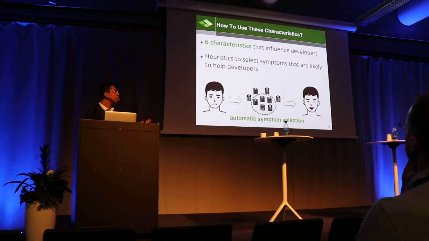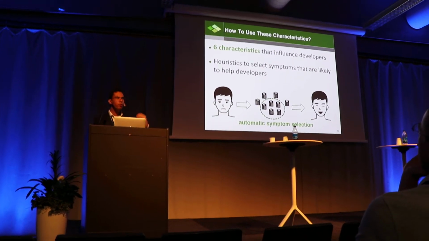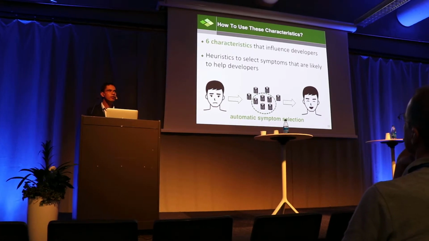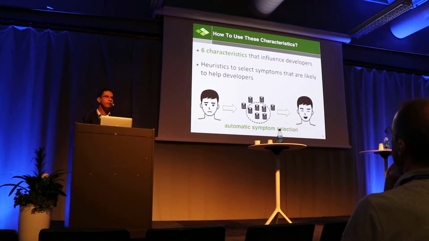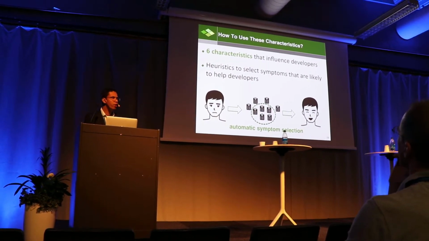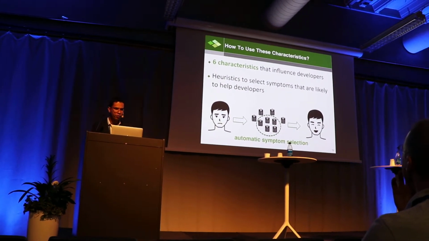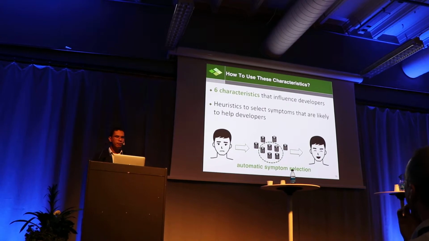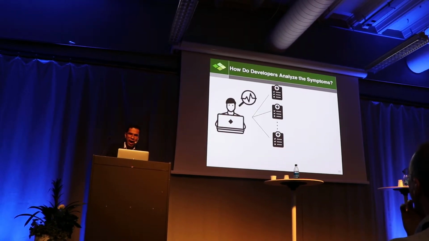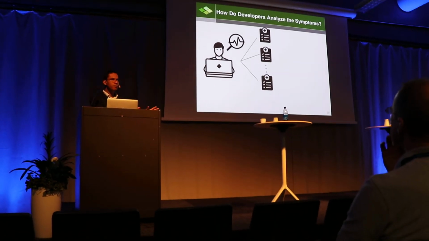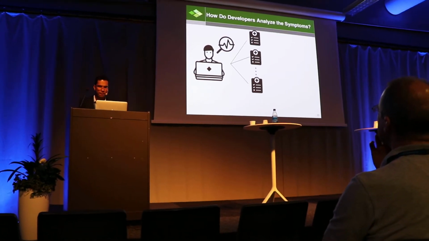For instance, we can use these characteristics to propose heuristics to automatically select symptoms that are likely to help developers to identify design problems. So this is one type of study we can conduct in the future, based on the knowledge provided by the theory.